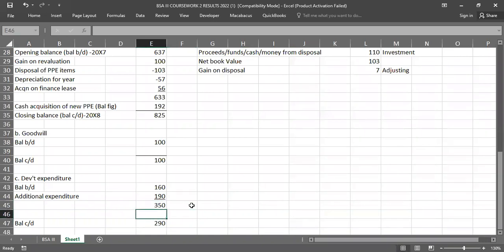So it reduced. What could be the justification why the figure reduced? For development costs and other intangible assets, we know that it's either impairment or amortization. So here we take amortization. It's a balancing figure.